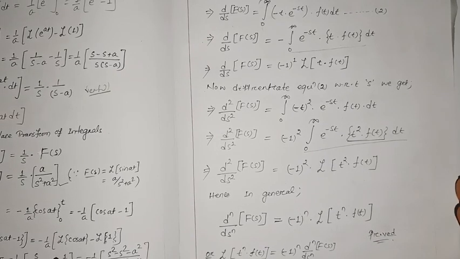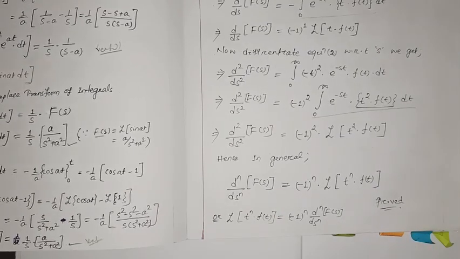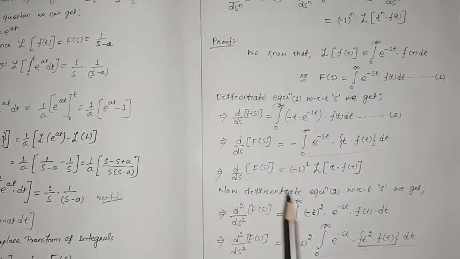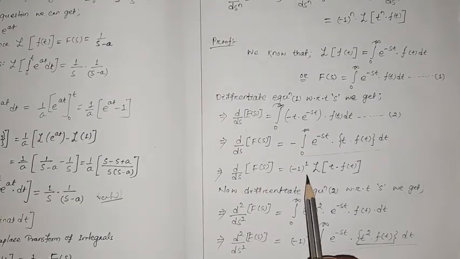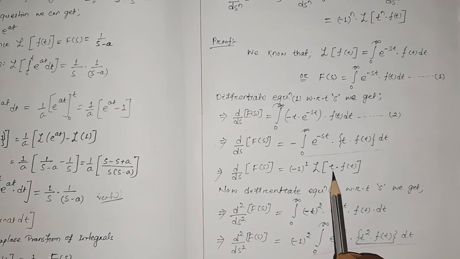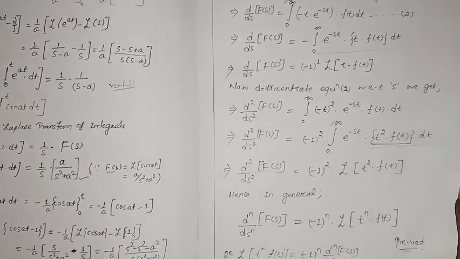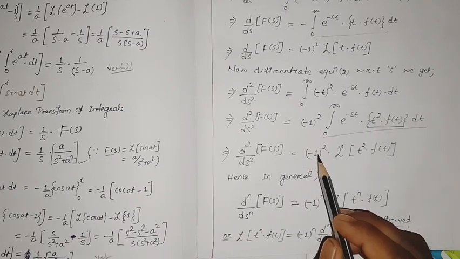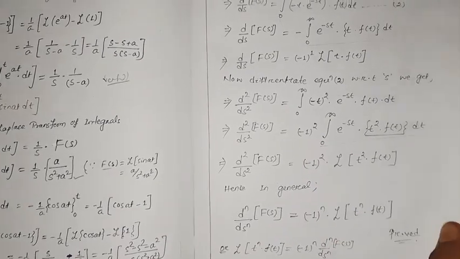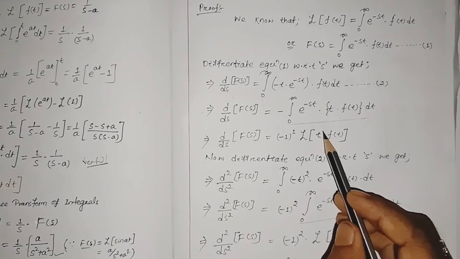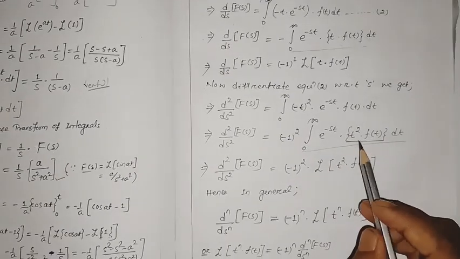Okay. Hence in general, you can see the first derivative is minus 1 to the power n times the Laplace transform of t f of t. For the second derivative, it is minus 1 to the power 2, and the power of t increases by 1, that means t square.